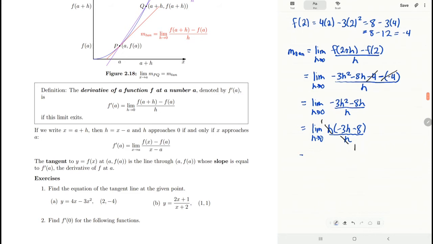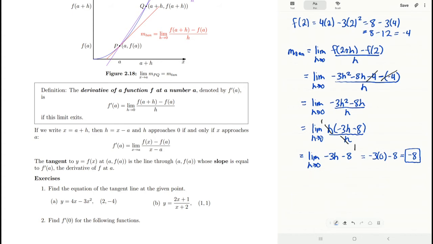That leaves us with the limit as h goes to 0 of negative 3h minus 8. Now we take the limit, so letting h go to 0, we get negative 3 times 0 minus 8, which is negative 8. And so the slope of the tangent line is negative 8.